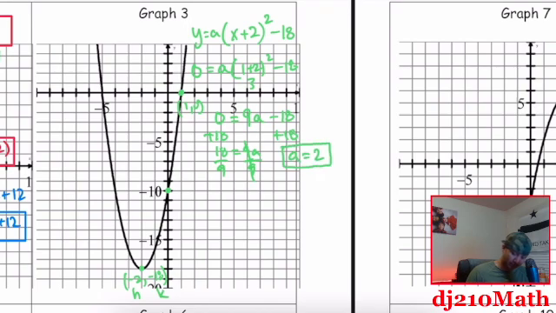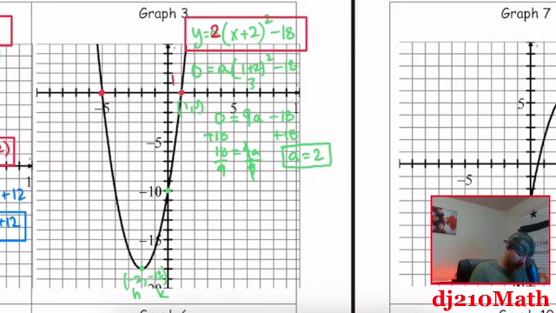So plugging that in, a is equal to 2. It's nice when you just write it in, right? Okay, I'm going to go to x-intercept form. So x is equal to 1 and x is equal to -5.